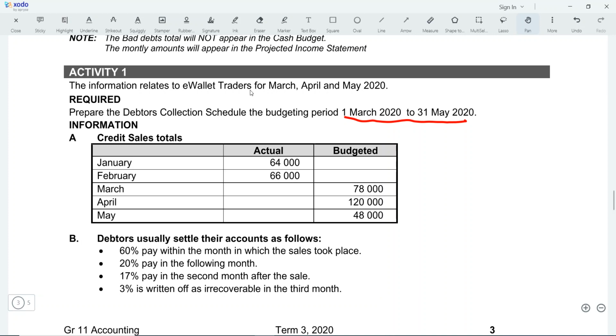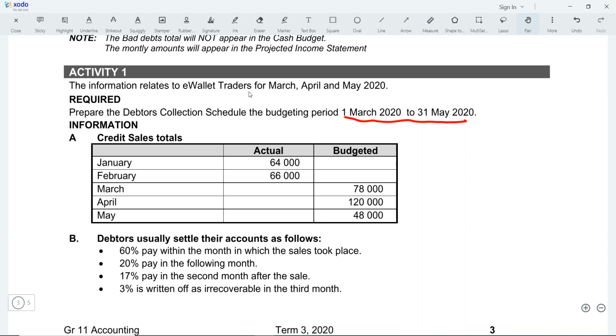And for you to be able to complete this activity, you need to understand a few things. Firstly, you must understand why we are using credit sales. We are using credit sales because our debtors are people who bought from us on credit, so that information is contained in the credit sales. Hence, we use credit sales to see how these people are going to pay us.